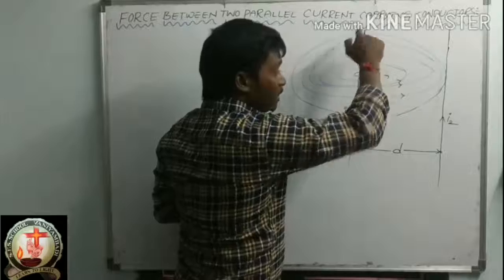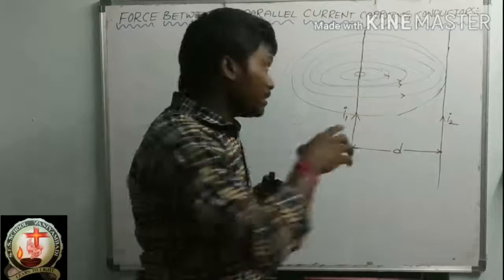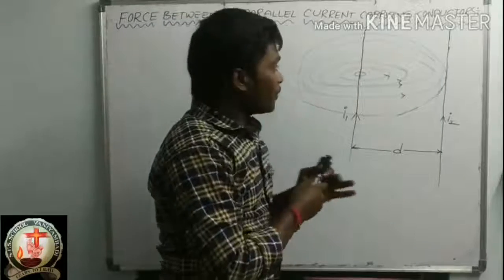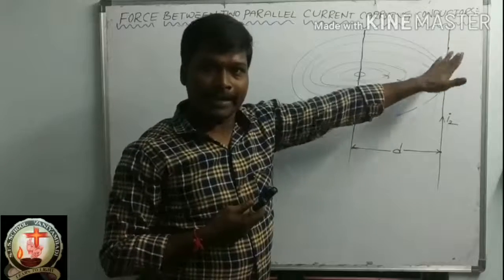This is the current carrying conductor, producing this magnetic field. Now this is another current carrying conductor.